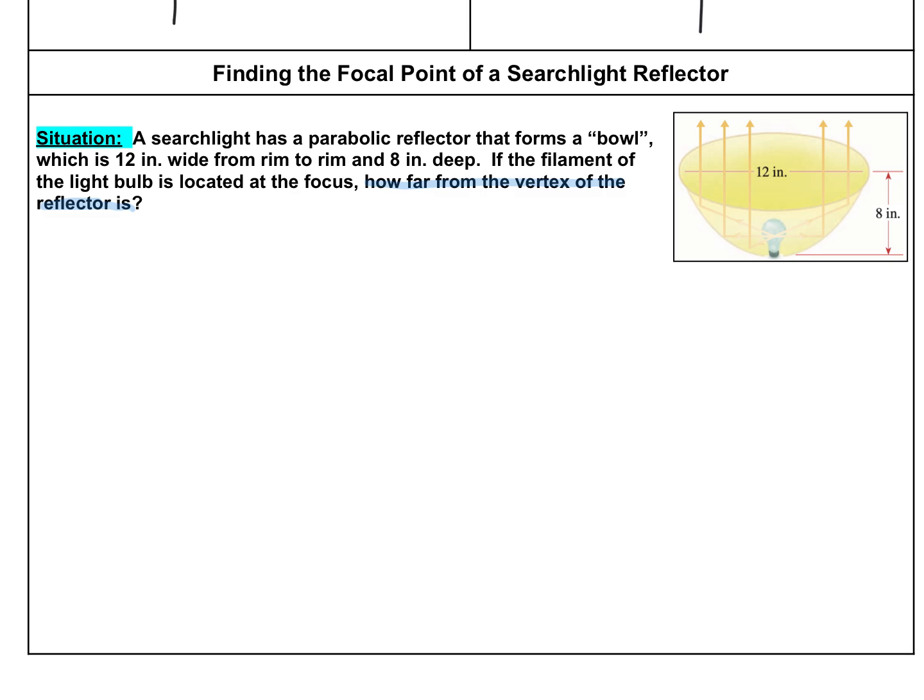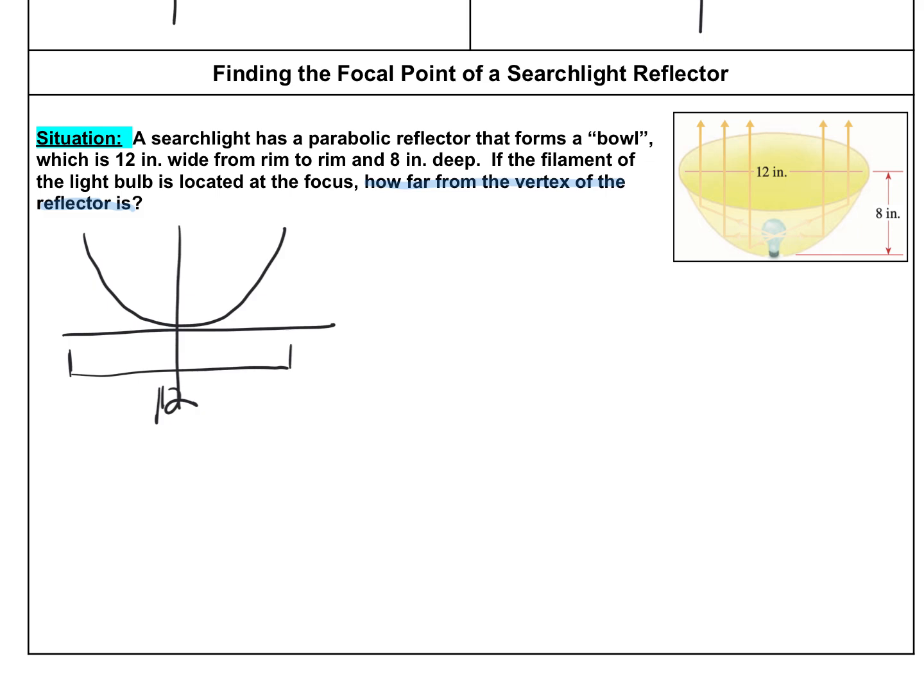If I put it in the coordinate system, it's actually going to form a parabola, something like this. It says that this is from rim to rim, which gives you 12. So one side is 6 and the other one is 6.